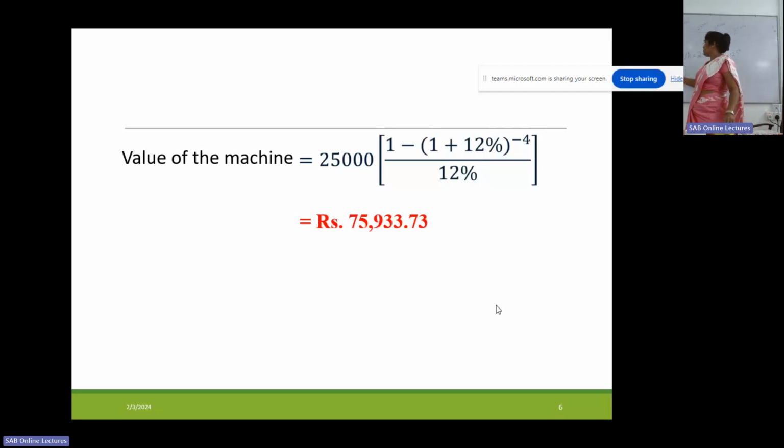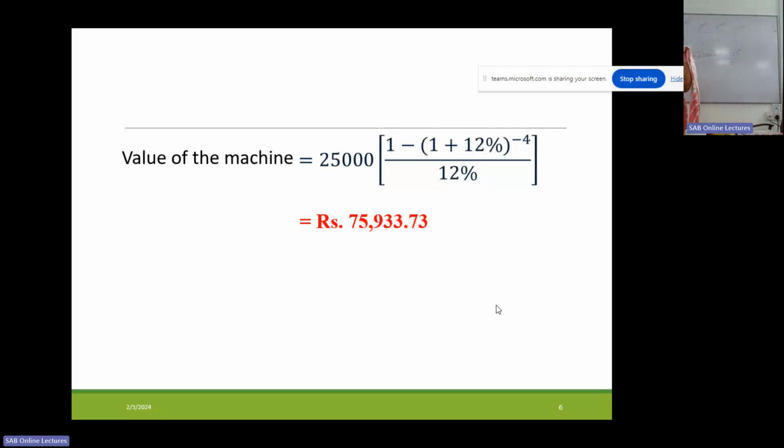What is your decision? Would you buy or not? Not buy, because its intrinsic value is less than this.